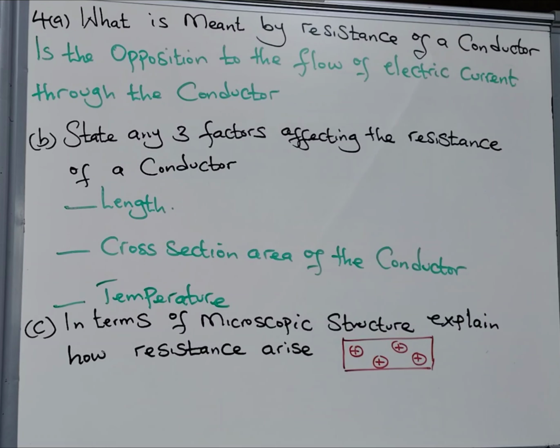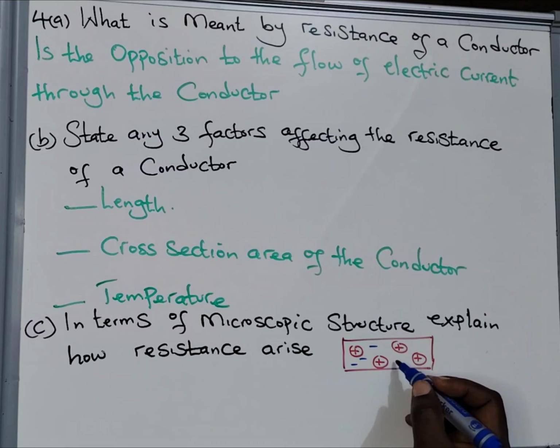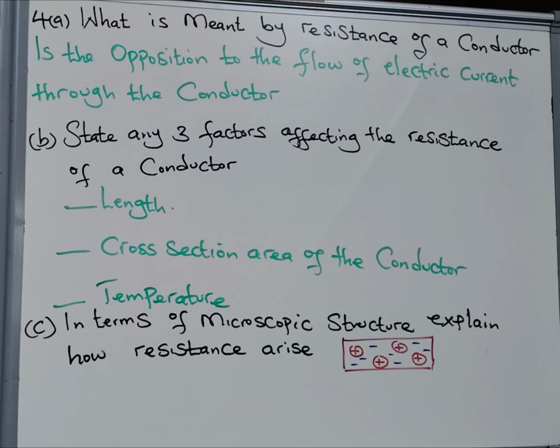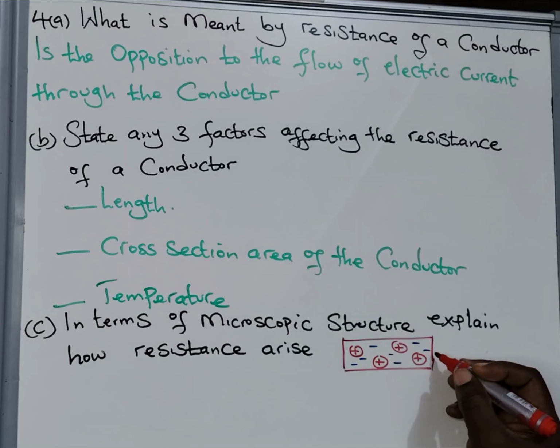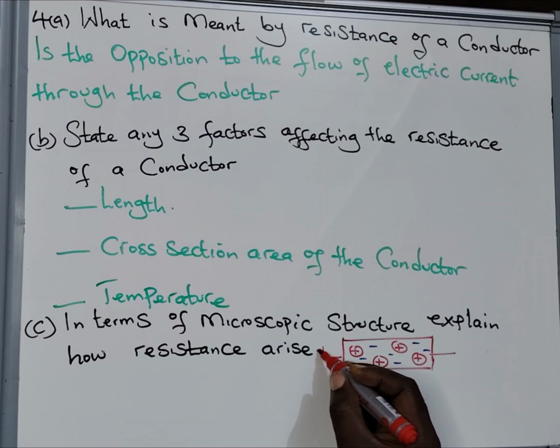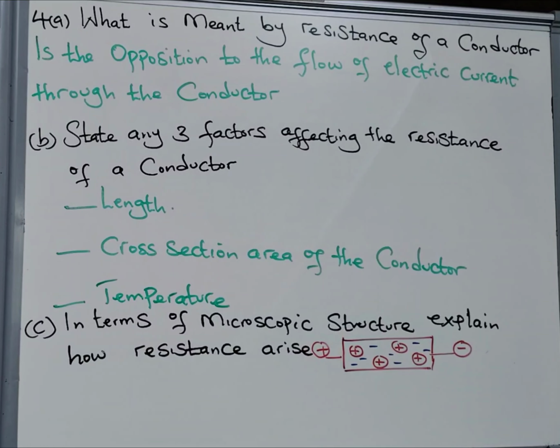Now you have to remember that the electrons which are lost are these ones. It's what we call delocalized electrons. They can move. So when you connect a potential difference on this conductor, meaning that if you make one side positive and another side negative, electrons will flow towards the positive.